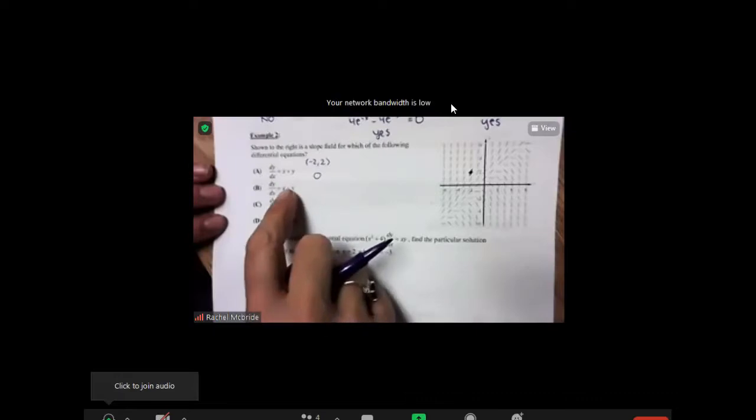So negative 2 plus 2 is 0. Negative 2 minus a minus 2 would be a negative 4. A negative times a negative would become a positive. So that would be 2 plus 2, which is positive 4. A negative number squared is positive.